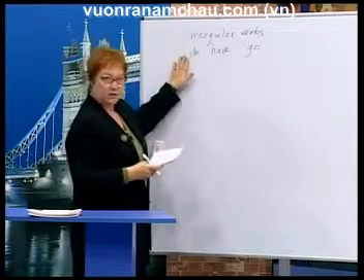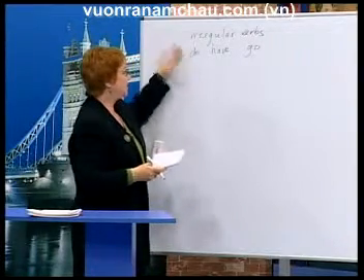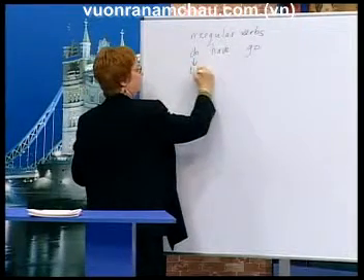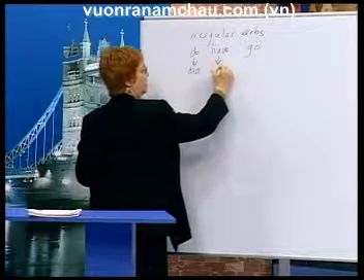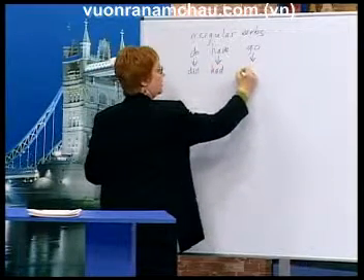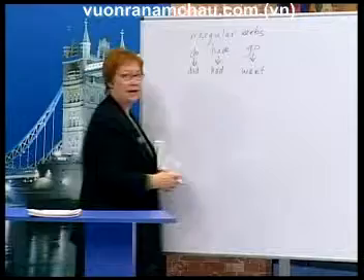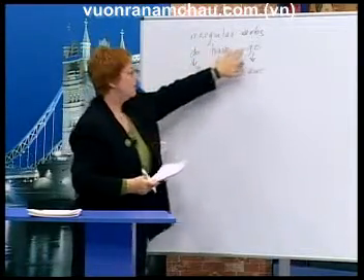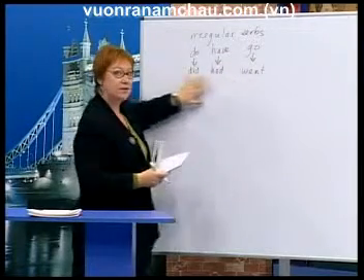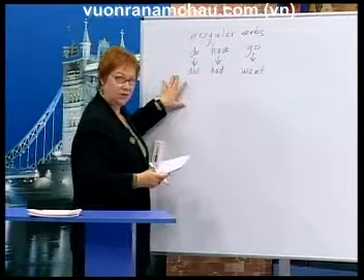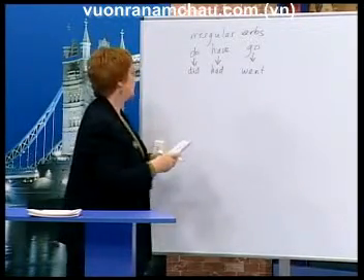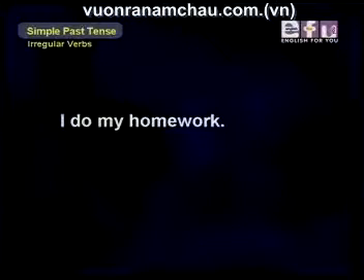Now, if you remember, to make these past, do becomes did, have becomes had, and go becomes went. Okay? Do, did, have, had, go, went. Okay? So these are 3 irregular verbs that we saw before. So here are some examples. I do my homework.